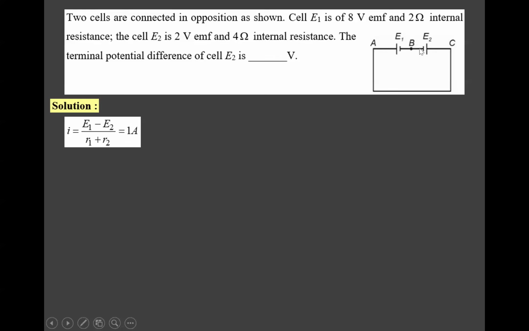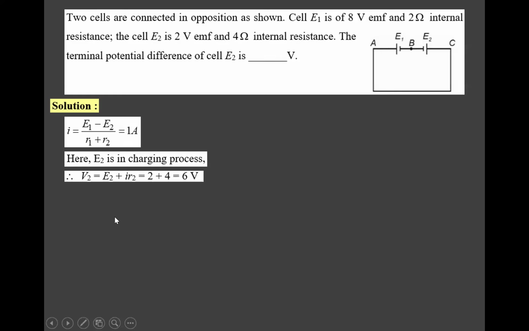So through the cell, when the current is flowing from positive to negative terminal, it implies that particular cell is in charging condition. So here the charging process of E2 will take place. So in that particular case, we have to write the equation of terminal voltage, that is equal to E plus IR.